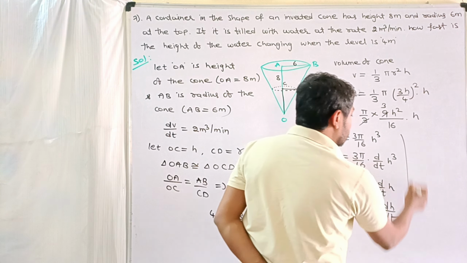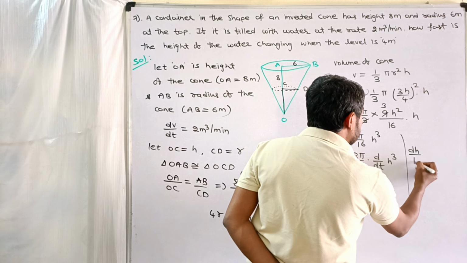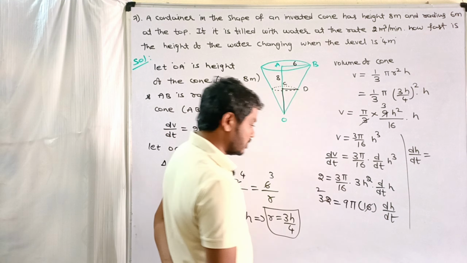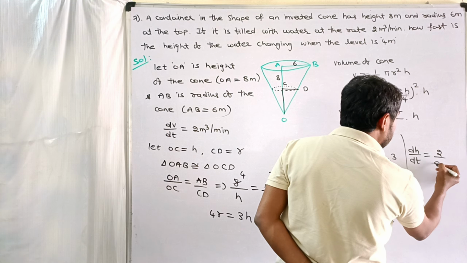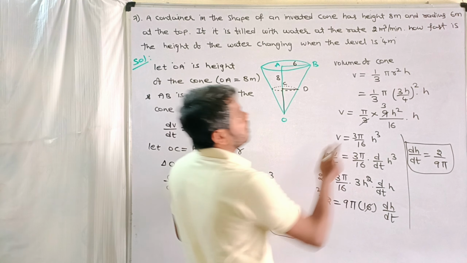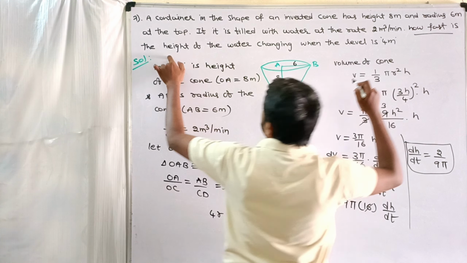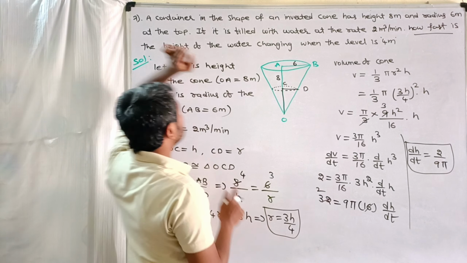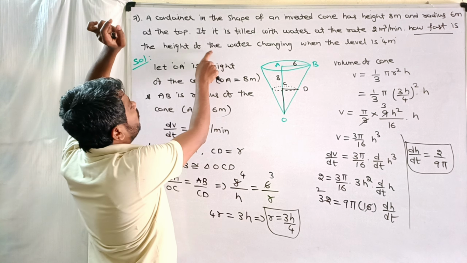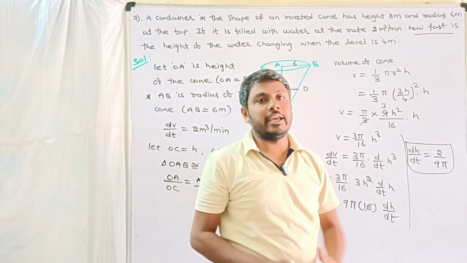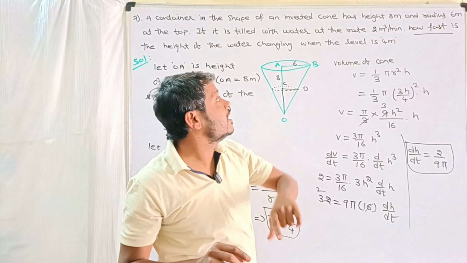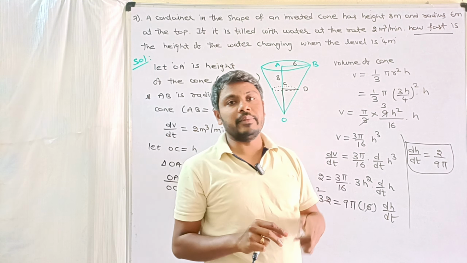From this, what is dh by dt? dh by dt equals 2 by 9 pi. See here, how fast is the height of the water changing? So clearly the height of the water is changing at the rate of 2 by 9 pi centimeter per second when the level is 4 meter.